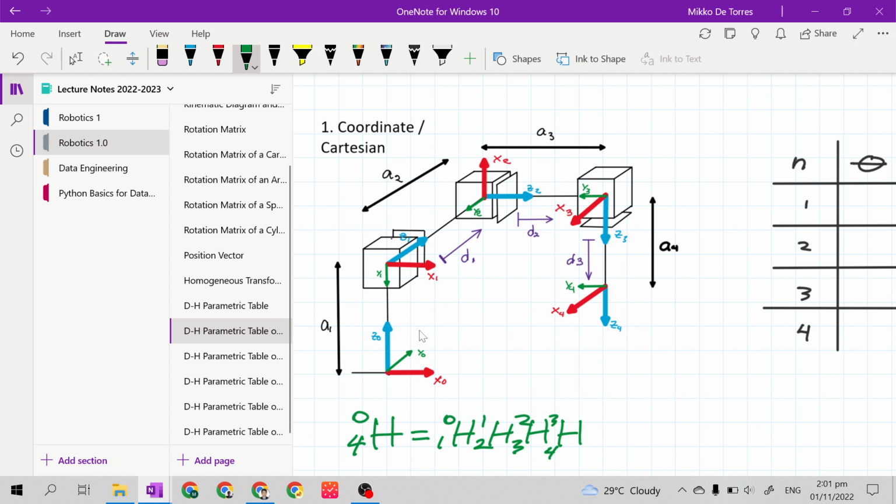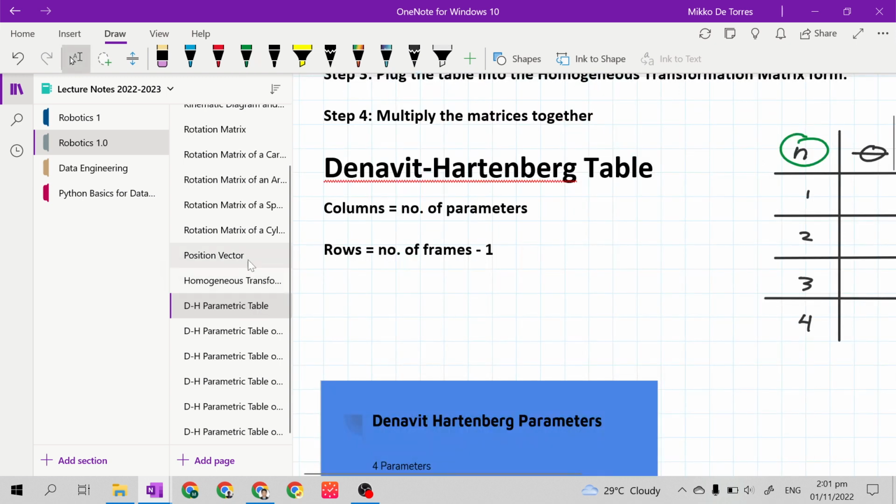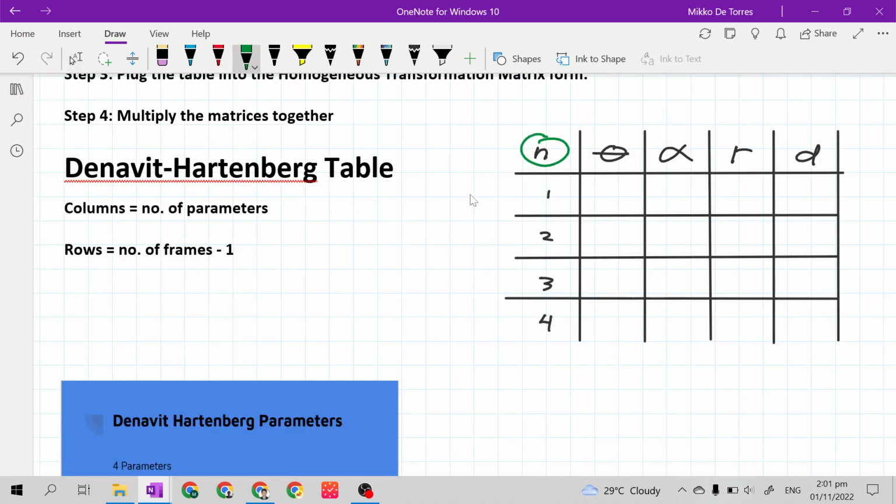So this is the equation for this mechanical manipulator. We have 5 frames, so the number of rows is 4, because the number of frames is 5 minus 1. Each row represents the homogeneous transformation matrix of the projected frame relative to the reference frame.